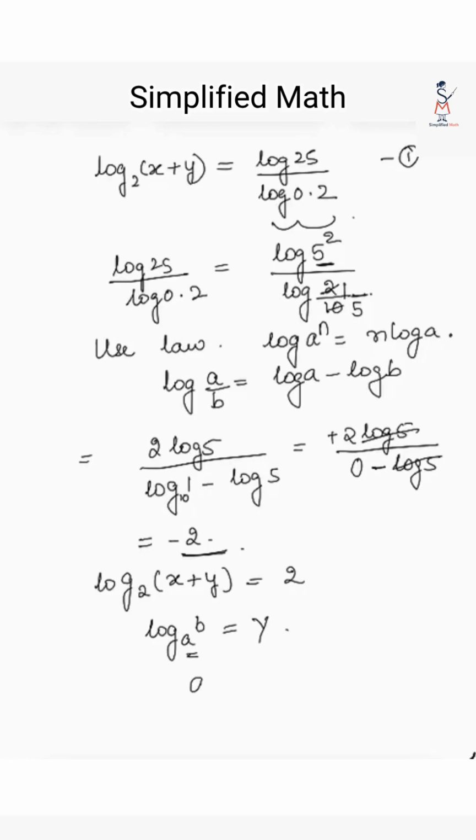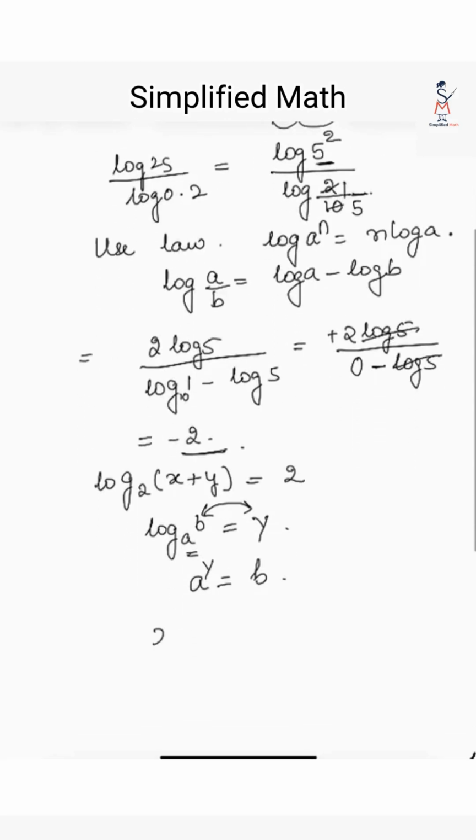The base remains the same and the log is replaced with the answer, that is a raised to the power y is equal to b. So this will become 2 raised to the power minus 2 is equal to x plus y. Fine. So x plus y is equal to 1 by 4.